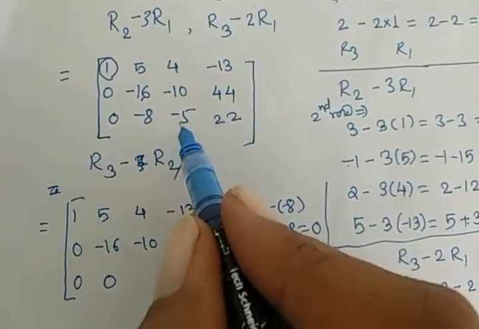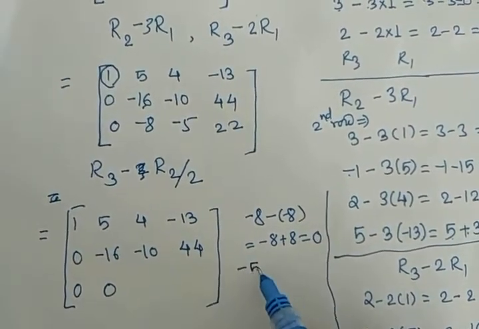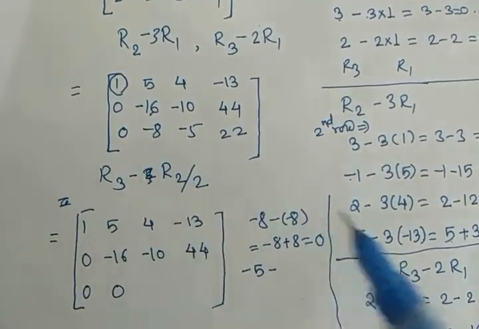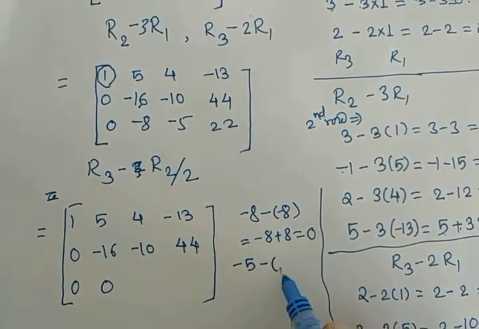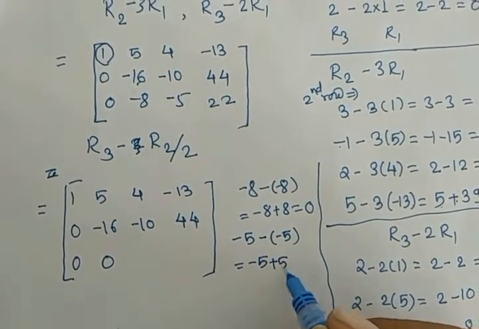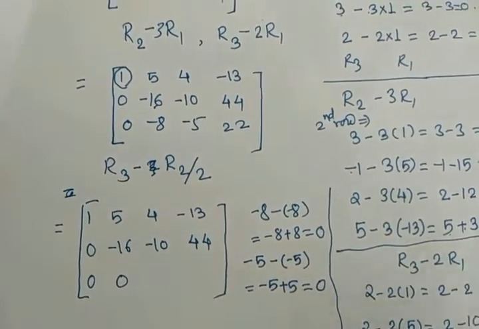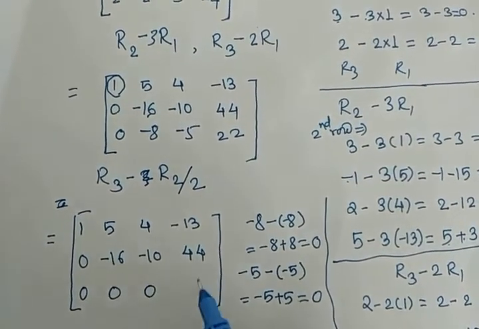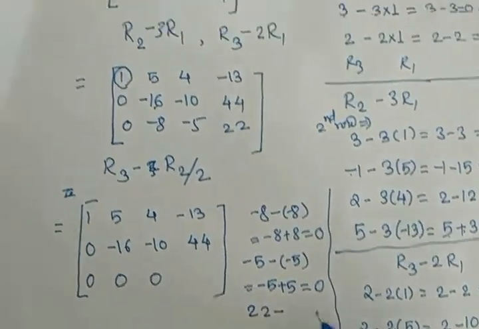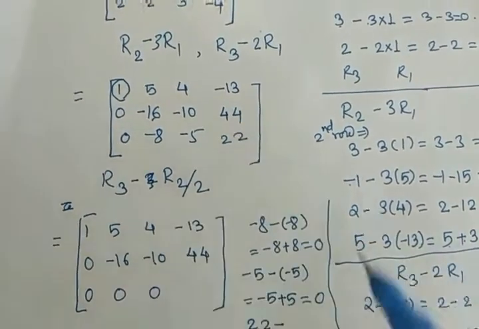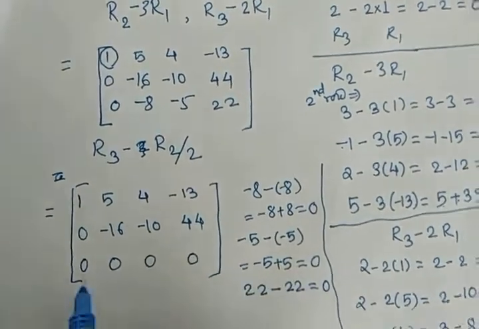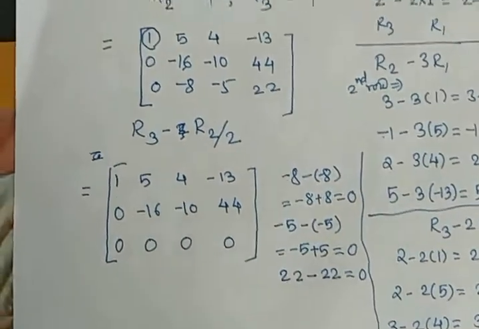Next, minus 5 and minus 10 divided by 2 is again minus 5, which gives minus 5 plus 5 equal to 0. And the last, 22 minus 44 divided by 2 is 22, which is equal to 0. Our last row all become 0.